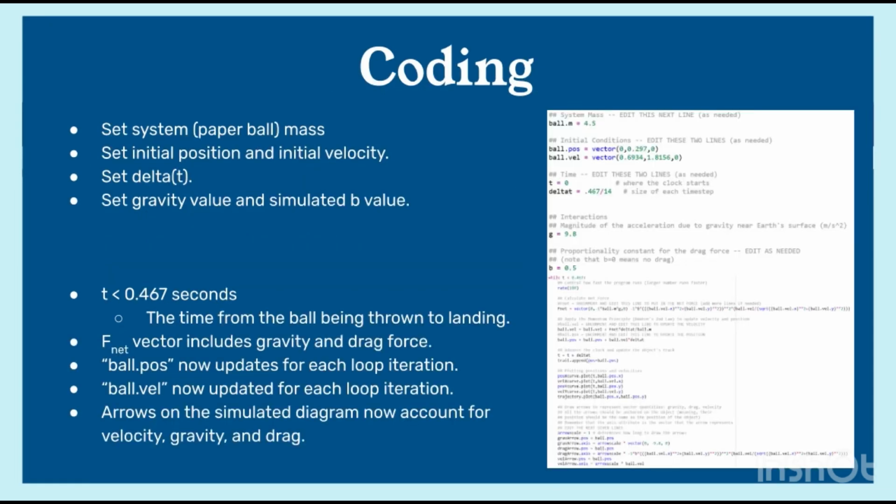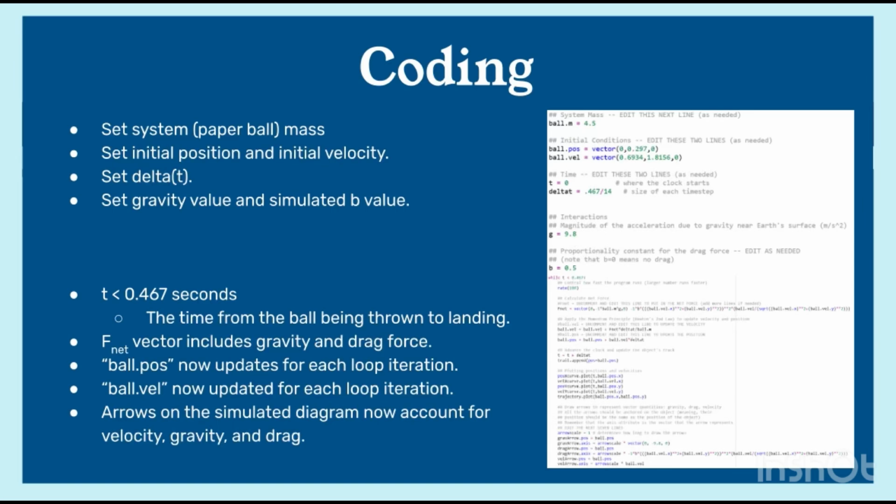So as for our coding, here are listed all the things we set and changed. I had to set my paper ball mass to account for the 4.5 grams. I set the initial position, velocity, delta t, and the gravity and simulated b values, as I've mentioned above. In Tracker, the entire experiment, from the hand until the ball landed, took 0.467 seconds.